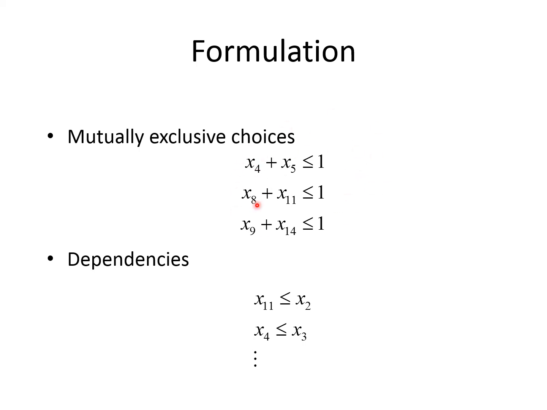Okay, and that's a very simple way of representing mutually exclusive choices or selections in these kinds of problems for the capital budgeting problem. And dependencies are a little bit trickier, but still easy. It's saying here that x2 depends on 11, I believe.